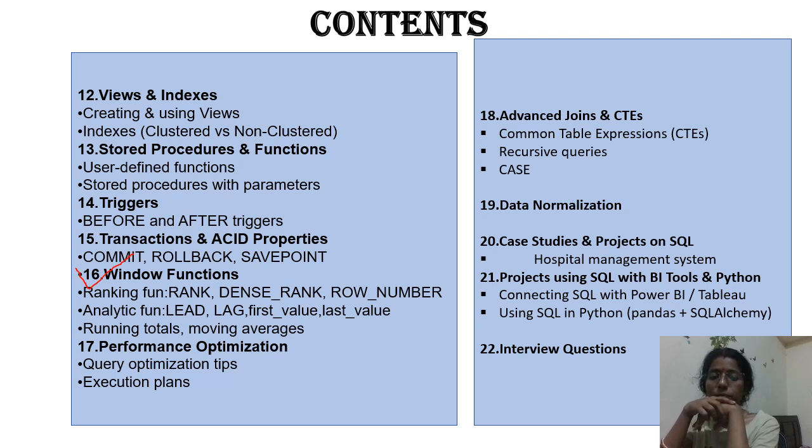Or suppose there is a tie, like 3 employees have the same performance score, and we need to decide which is the highest score. At that time we'll take the help of rank and dense rank. In between, we'll have to choose.